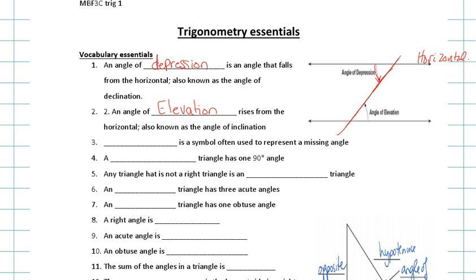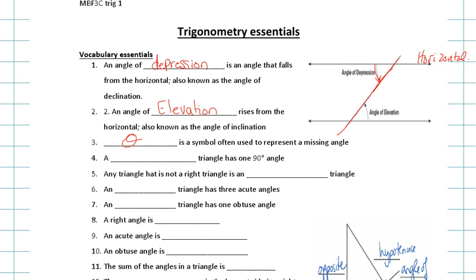Theta is a Greek letter that represents a missing angle. So instead of using the letter X or the letter Y or whatever, they decide to use a Greek letter because mathematicians like Greek letters. A lot of the mathematicians were Greek actually.